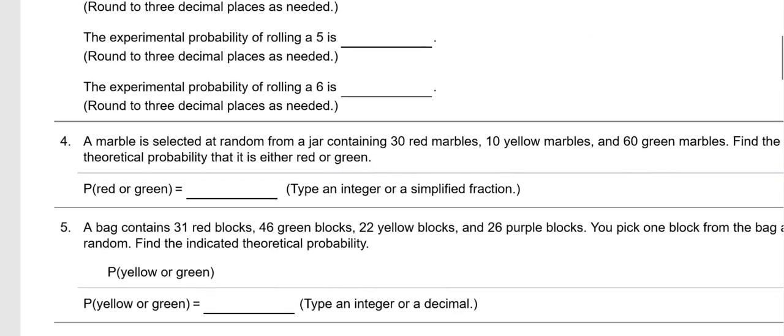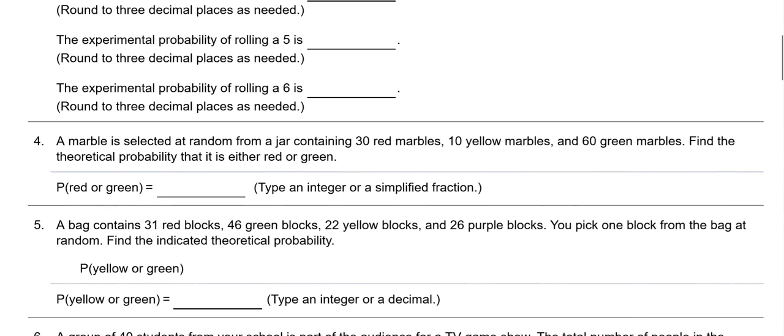Okay. Question 4. A marble is selected at random from a jar containing 30 red, 10 yellow, 60 green. Find the theoretical probability that it is either red or green. Because it's 10 out of 90? No, because you have to add the.